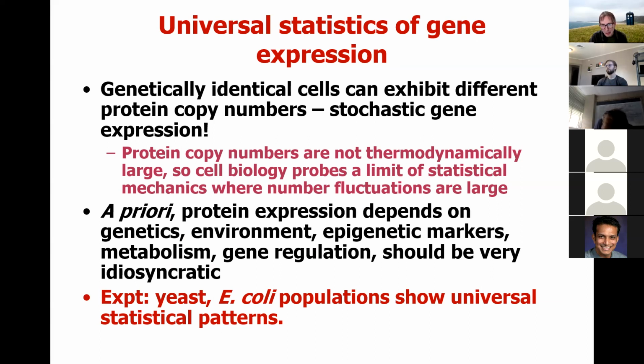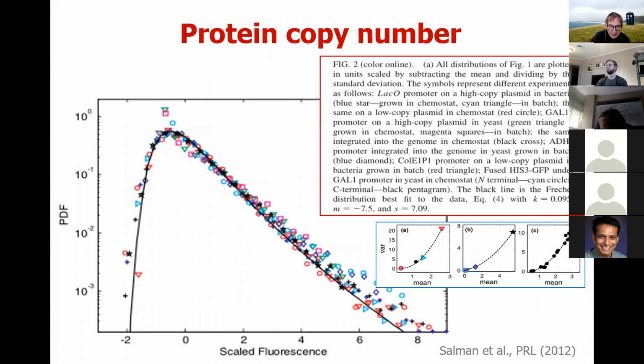So you might ask, well, what determines how much of a protein is in a cell, and can you measure it? And the answer is you can measure it, and I'm not going to go through how. You can measure how many copies of a particular protein you will find in particular cells. And what you find is that when you do these measurements, all the data collapse onto one universal curve, showing you a universal probability distribution that controls the stochastic process of producing proteins from genes inside cells.